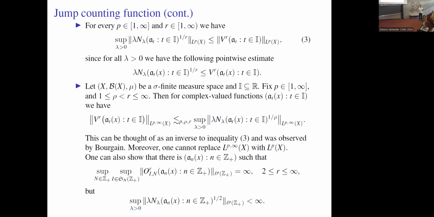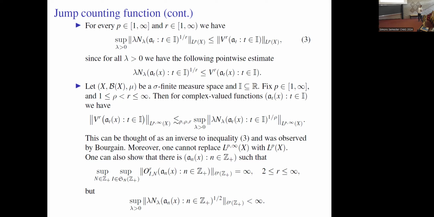So if we fix lambda, then we can bound the r-variations from below by lambda to the power r times the number of jumps, and then we need to take the root of order r. So what we get is lambda times the number of jumps. And it works pointwise. So we have a pointwise estimate of this type, and then we can take LP norms and then supremum norms. So this tells us that the lambda jumps are smaller.